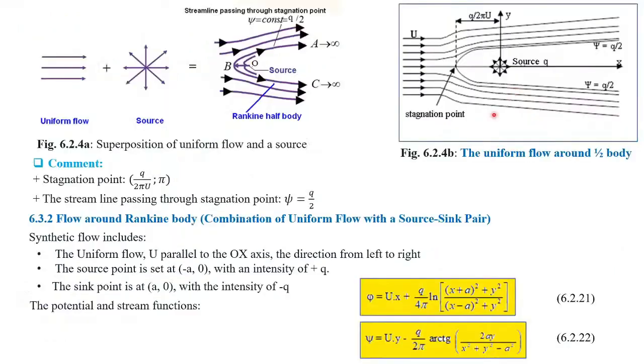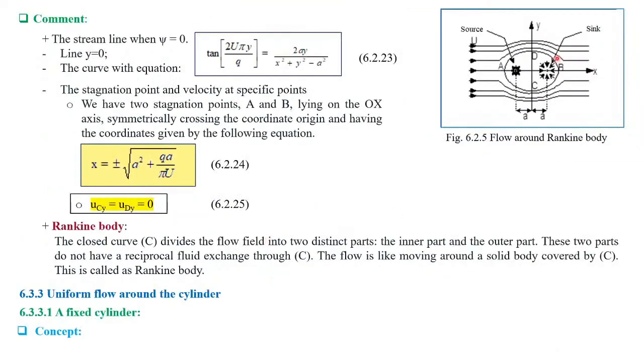This is what we call a Rankine body, a closed curve. When we put psi equal to 0, we can find two cases for the streamline. The first one is y equal to 0, so you can see here.